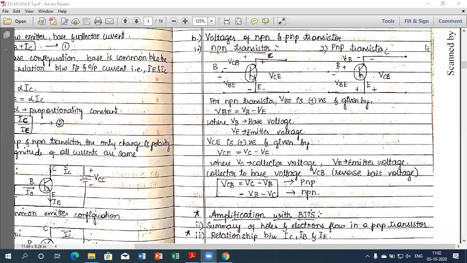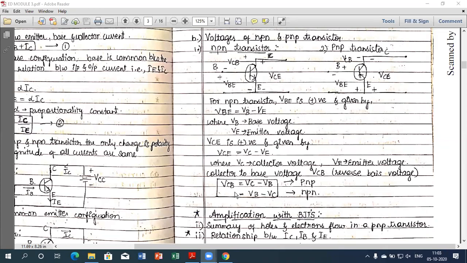Now we'll come to the last voltage here, VCB, which is nothing but VC minus VB. Now this is important. Here the collector to base voltage is a reverse bias voltage. That is important. So VCB can be written as VC minus VB for PNP, but VB minus VC for NPN. So this is about collector to base voltage.